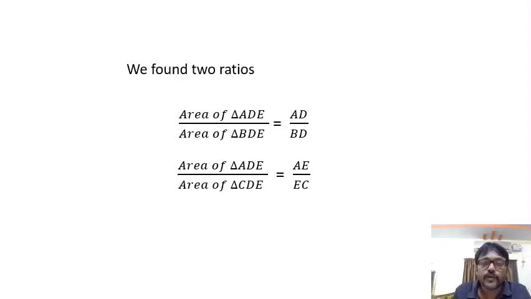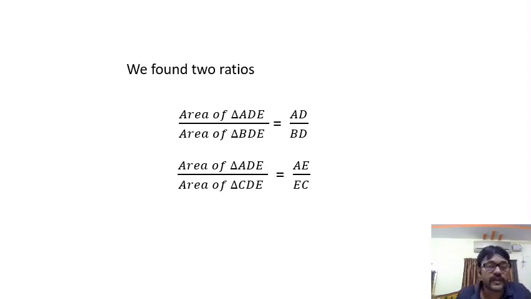Right, we found two ratios or results, whatever you call. Those are area of triangle ADE by area of triangle BDE is equal to AD by BD, and again area of triangle ADE by area of triangle CDE is equal to AE by EC. So if you have a careful look at it, forget about the right side of the results, but try to focus on the left side of each result.